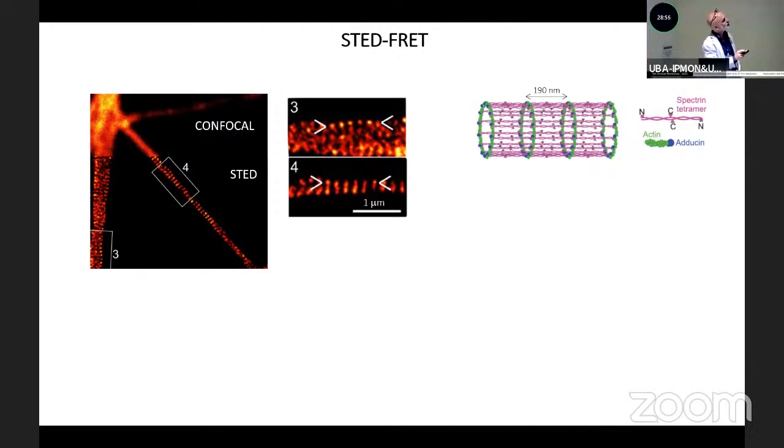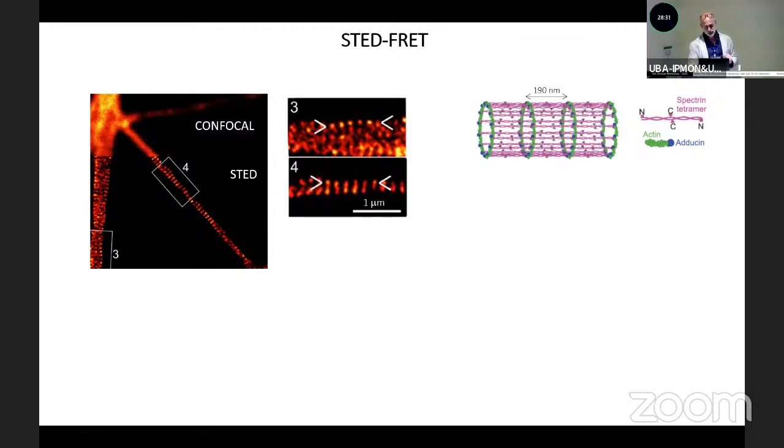So you see, we believe that there are rings made of actin filaments stabilized by adducin, and then spectrin tetramers make a spacer between actin rings, and those tetramers give the period of 190 nanometers. This is what we believe is the structure of this supramolecular assembly of proteins.